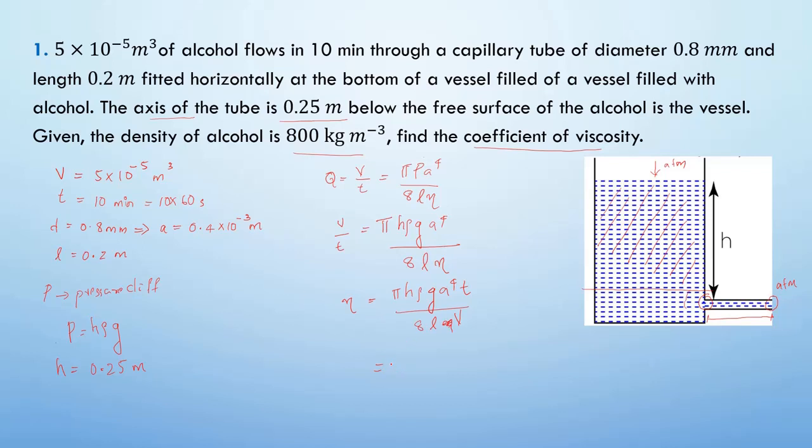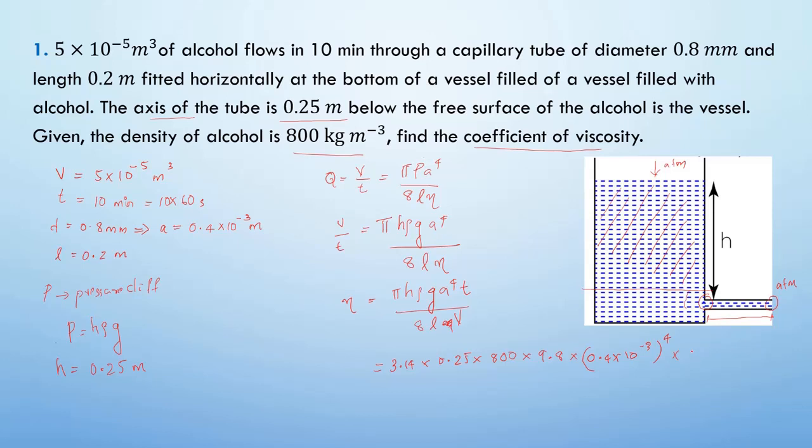We have the value of pi as 3.14 into the height, which is 0.25 meter. We have density, it is also given in SI unit, so it is 800. Value of g is 9.8. We are given a is 0.4 into 10 to the power negative 3, the whole to the power 4, into time taken.